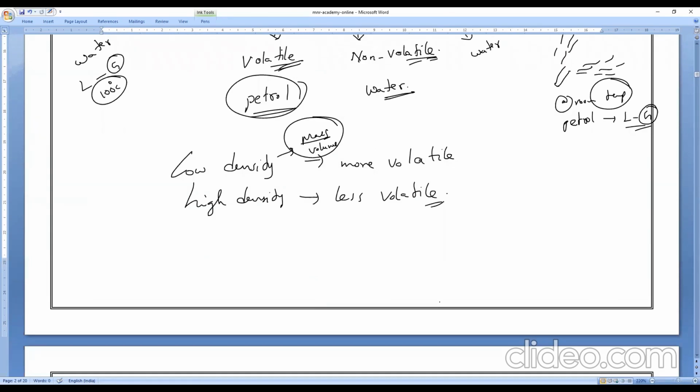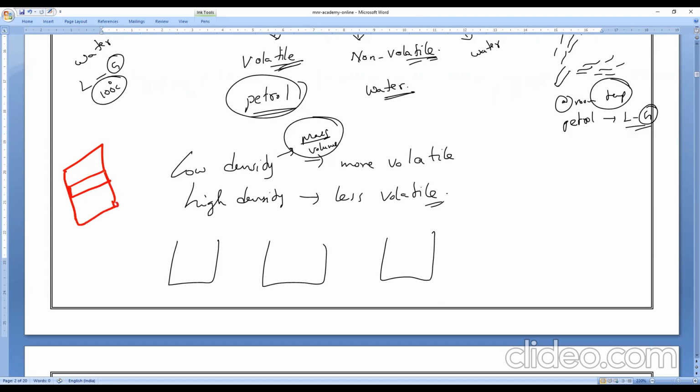Now I will give you three substances: petrol, water, and mercury. Whose density is more? Next time you go to the petrol bunk, see the display when the person is filling the petrol, you can see the density of the petrol. What is the density of petrol that is filled into our bike or car? Next time you verify, it must be between 710 and 760 kilogram per cubic meter.